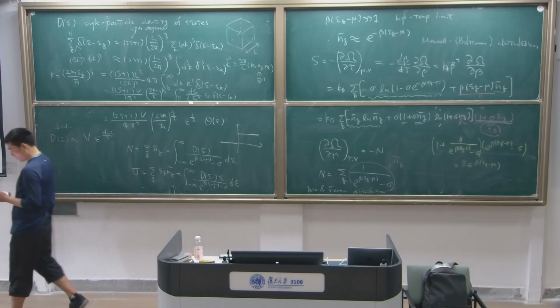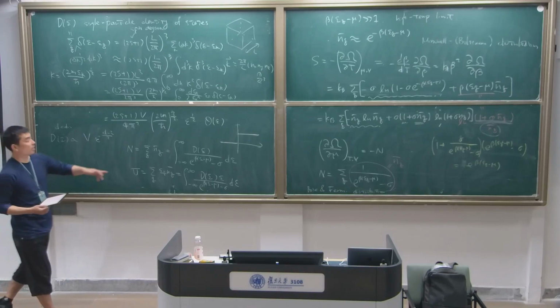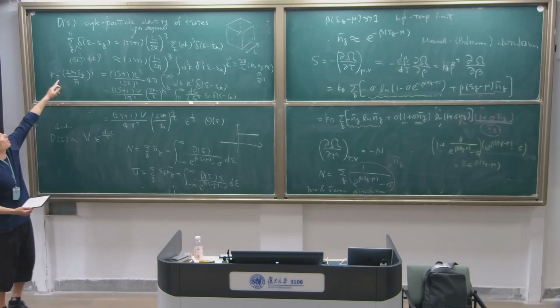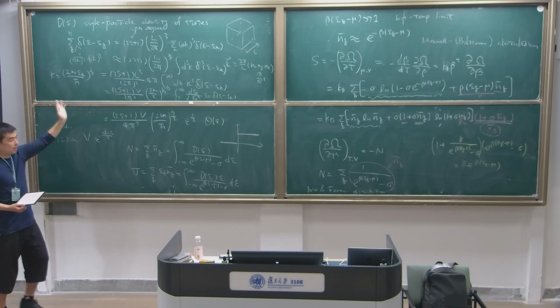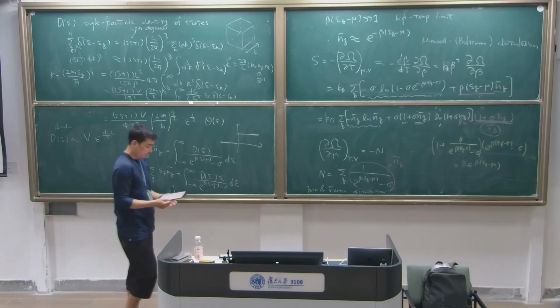You can just write down like this. Insert the single-particle density of states, which used to be just the delta function. Plug it into here.